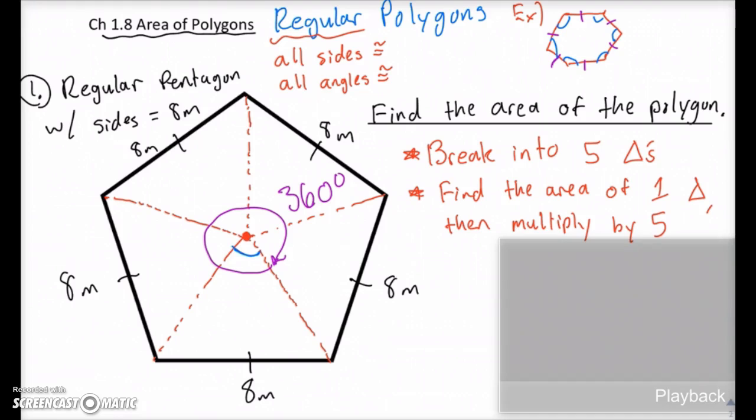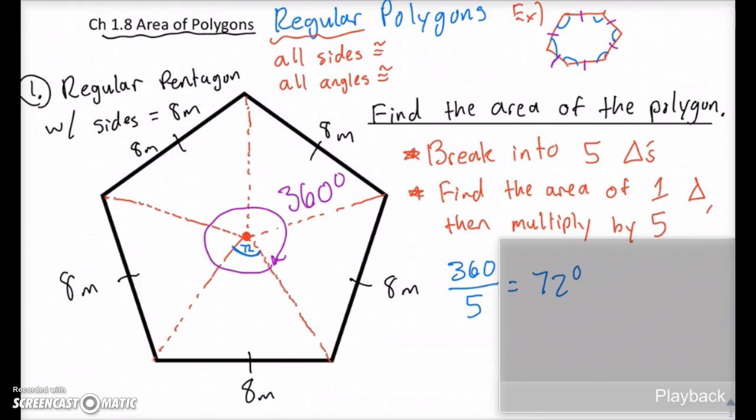To find that angle in blue, we take 360 divided by the number of triangles, 5. So each of those angles is 72 degrees.